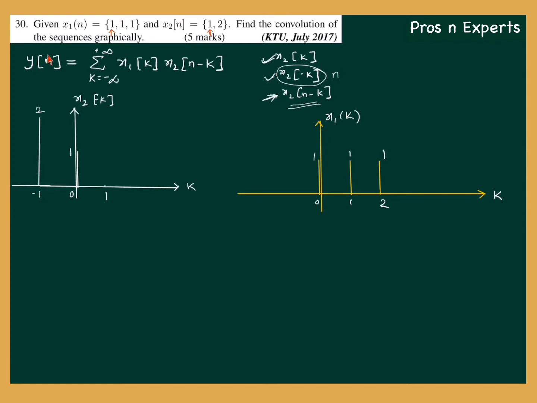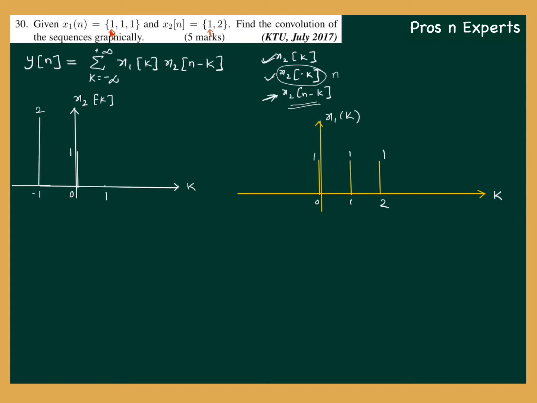I have already instructed the procedure. The starting value of y of n will be the sum of the starting n value of x1 of n and the starting n value of x2 of n. I'm not indicating the amplitude, but the starting time value.